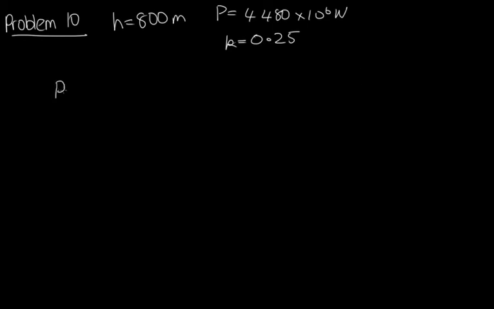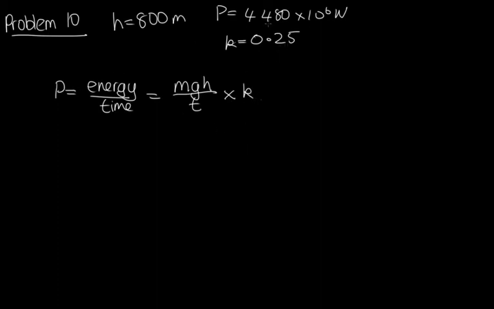So we know that power is equal to energy over time. In this case, we're using energy in the form of gravitational potential energy stored in the water. So this energy is mgh over the time, and then we need to times it by the efficiency.